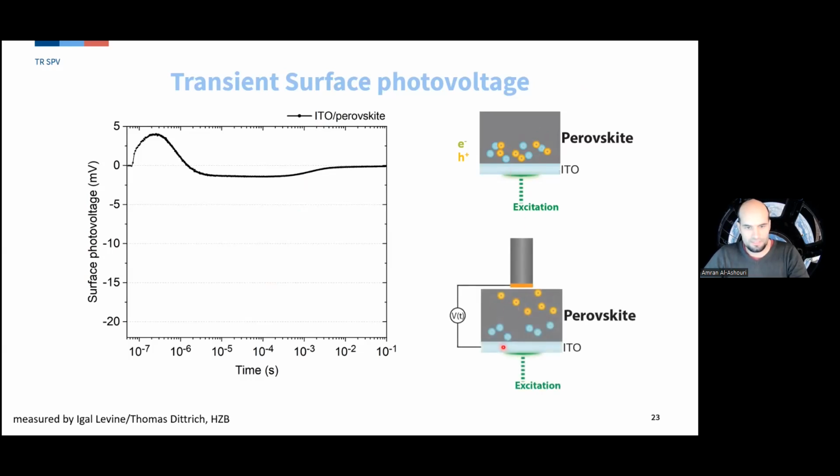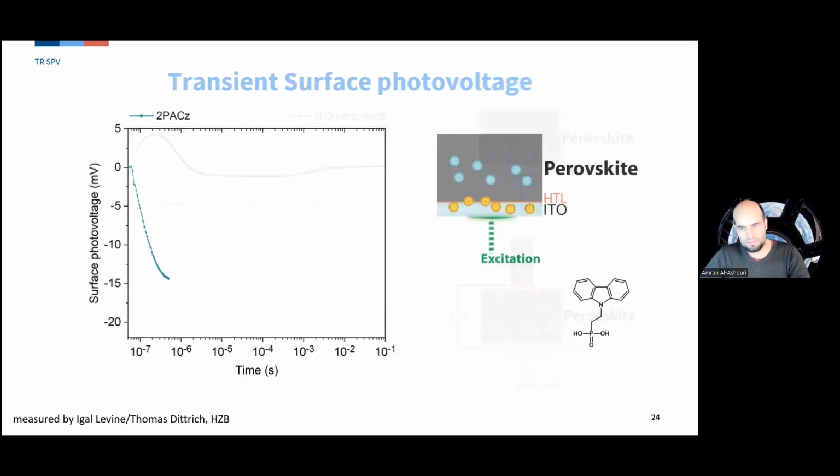So upon excitation, you get some redistribution. And in this case, you measure by transient means a positive photovoltage, which means holes get to the surface first. This is because the perovskite is not perfectly intrinsic. And then it decays off, and there are some capacitive effects probably also happening.